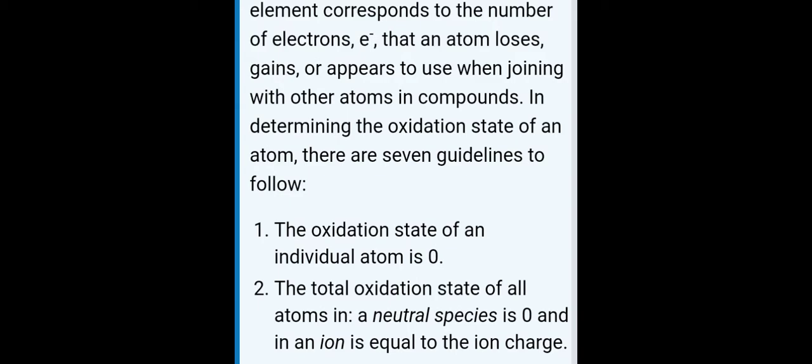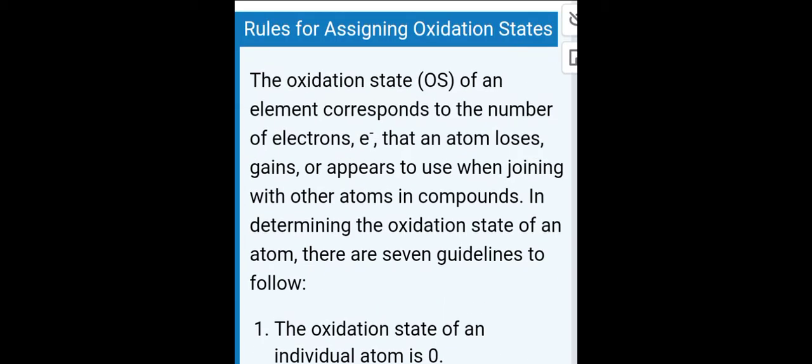Another topic: rules for assigning oxidation state. How can we say that in CuO, cupric oxide, Cu has 2 positive charge? How can we know? So there are some rules.